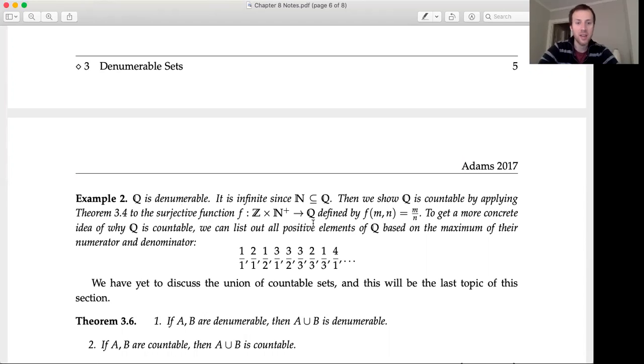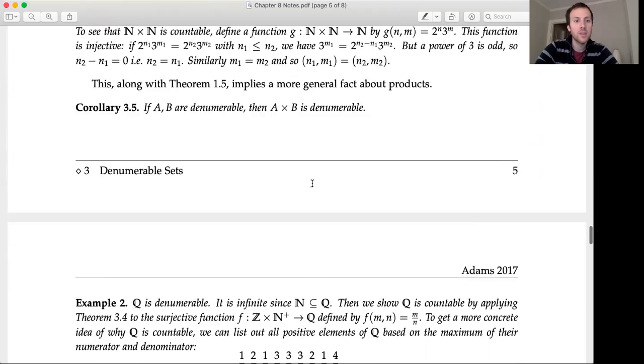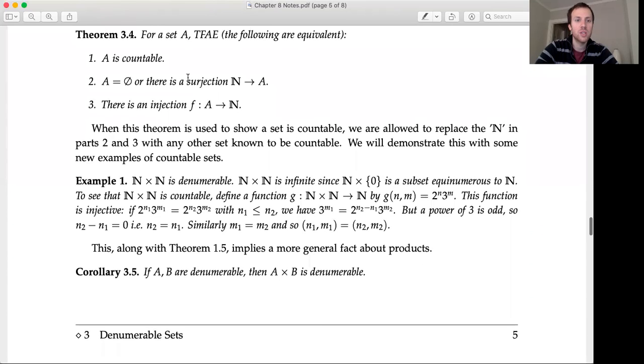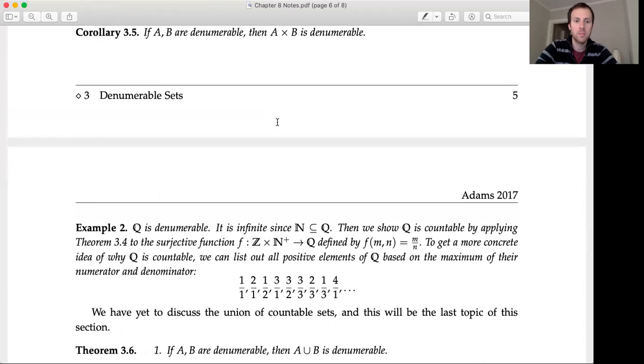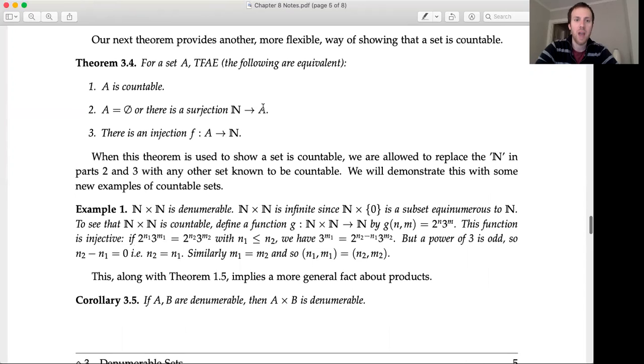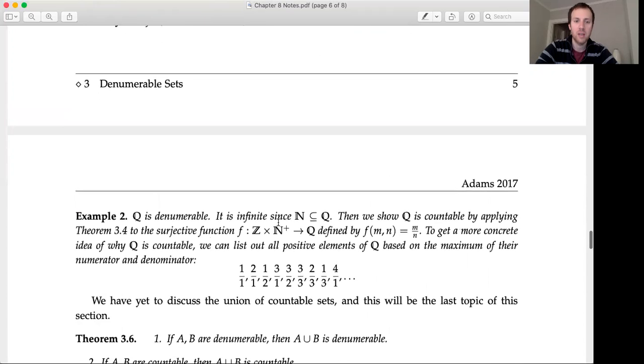And how we can do that is, first, we know it's infinite because it contains the natural numbers, and the natural numbers are infinite. But what we can do is there's a surjection from the natural numbers, or from a countable set, to our set.